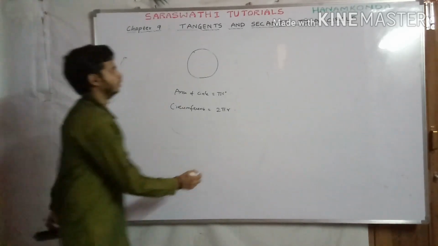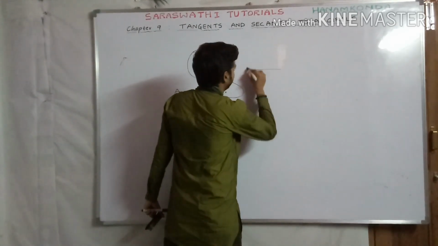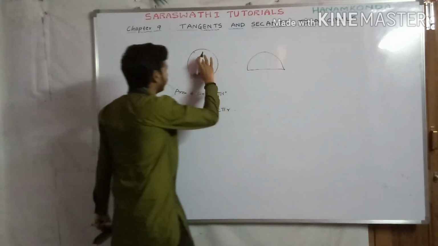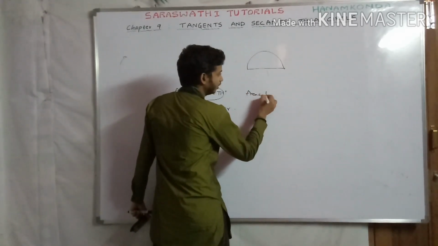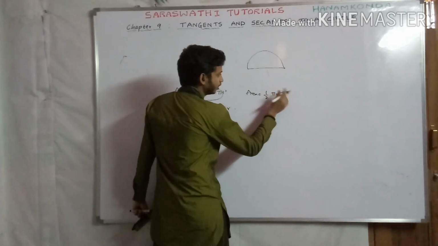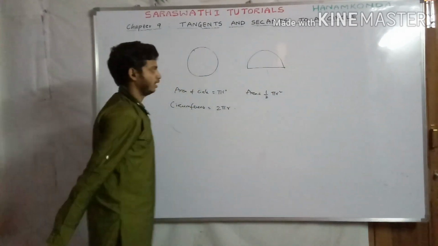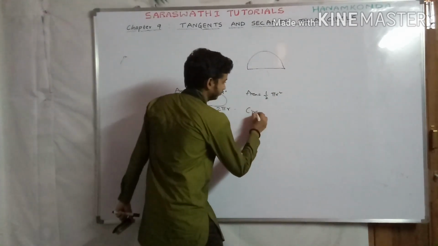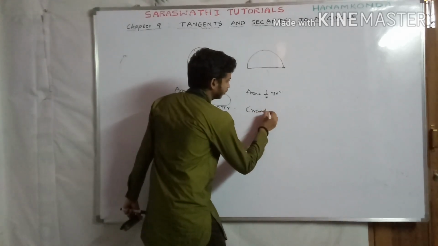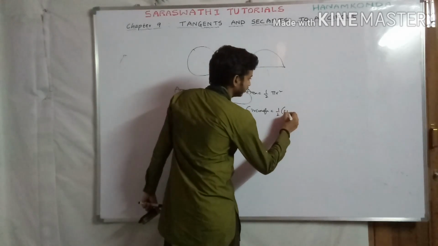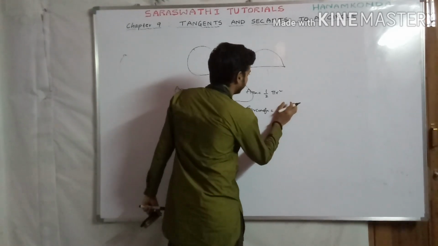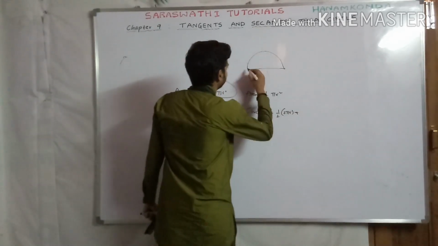Again, if we consider a semicircle, that means half of the circle, the area of a semicircle is half of the area of the circle, that means half of pi r square. The circumference of a semicircle is half of the circumference of the circle plus the diameter.